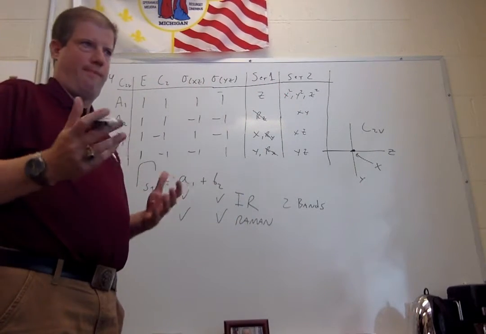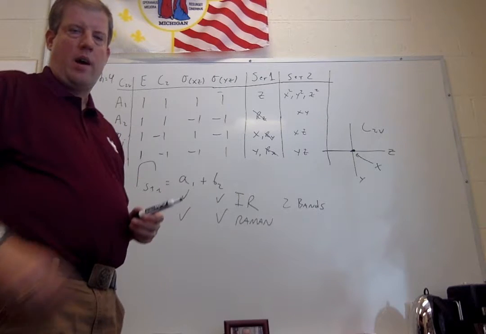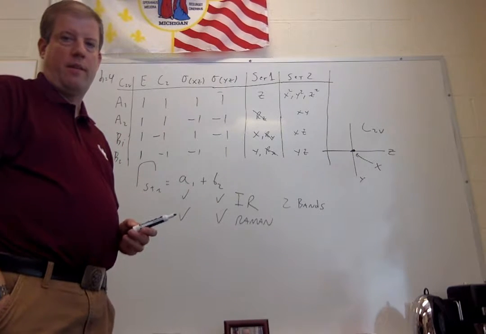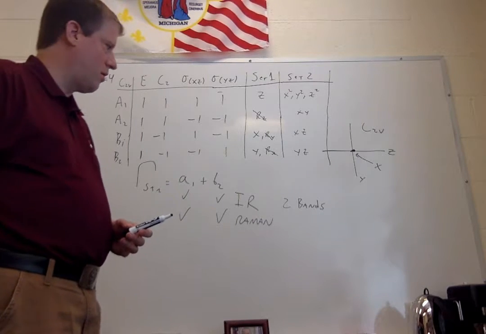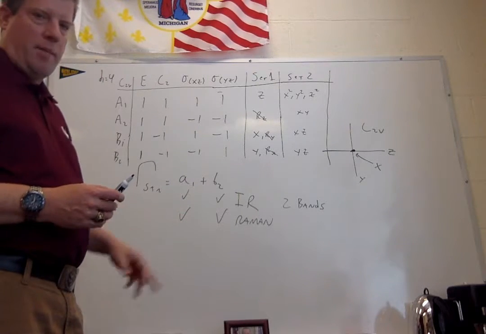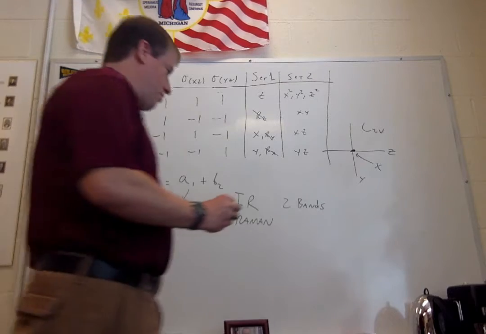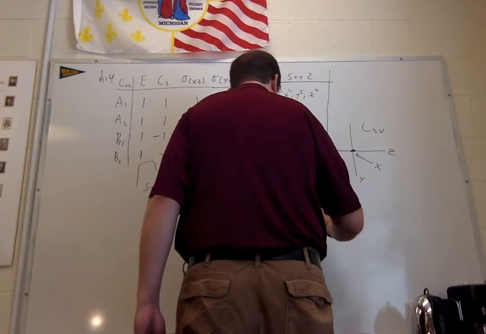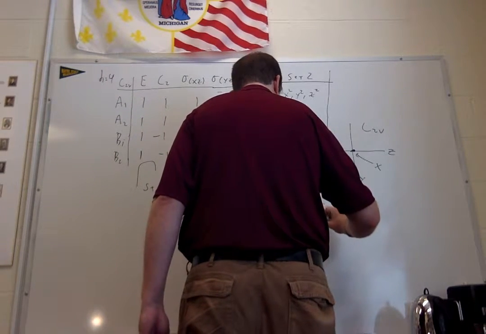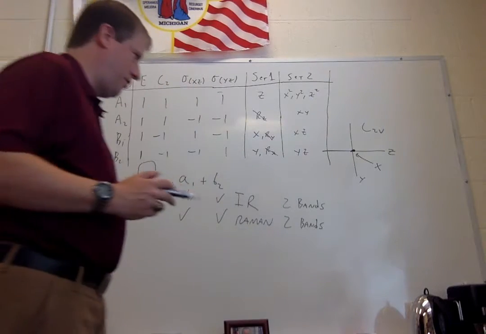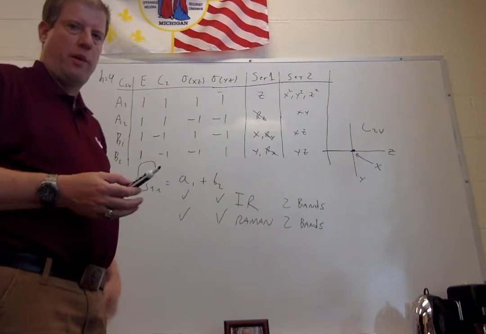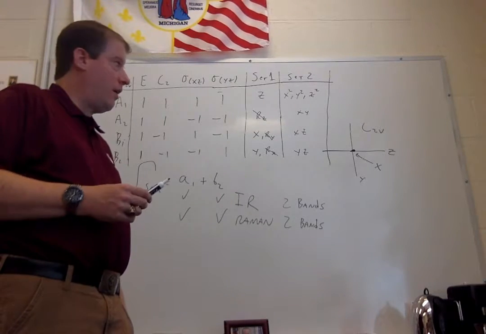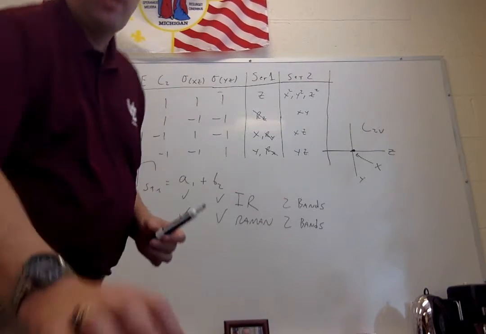So you see two peaks in the IR spectrum, somewhere between 1,500 and 1,900 wave numbers, or inverse centimeters, which is the proper term for that unit. In the Raman spectrum, again, you would also see 2 bands. And we'll get into what happens if you have a degenerate one and that kind of stuff after we get done here with this.